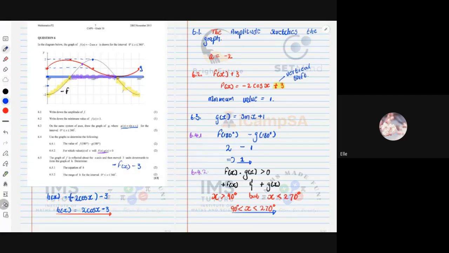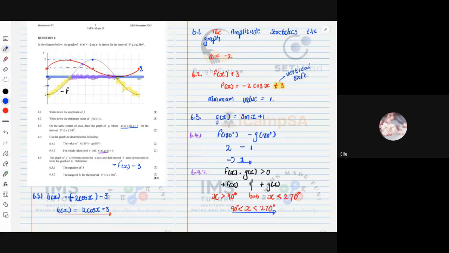This is 6.5.1, and then next thing they're asking for the range of h, for the interval of 0.